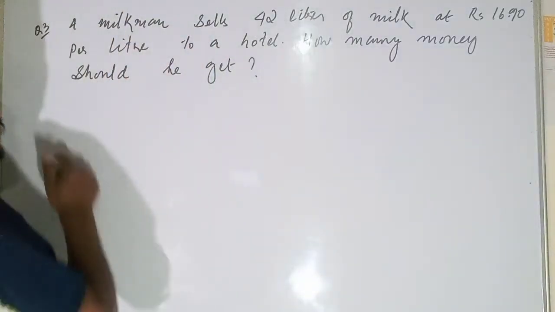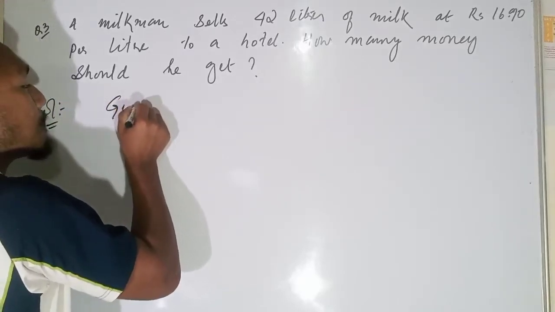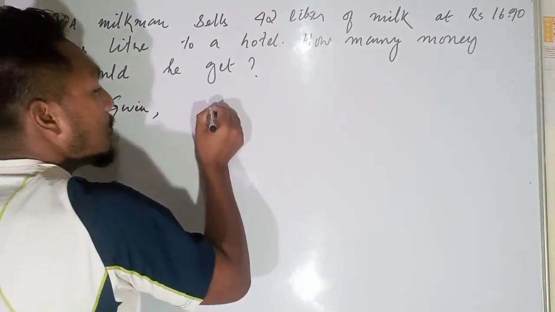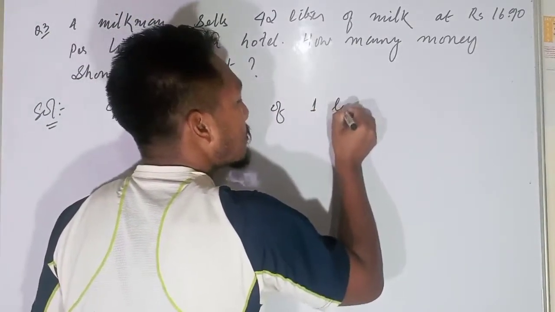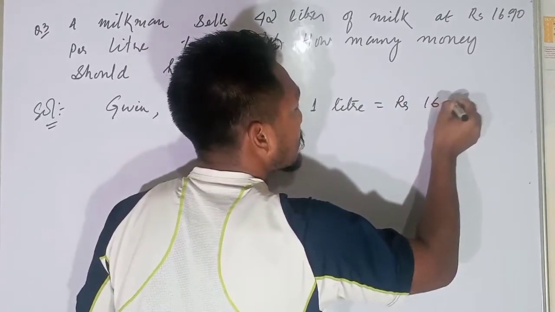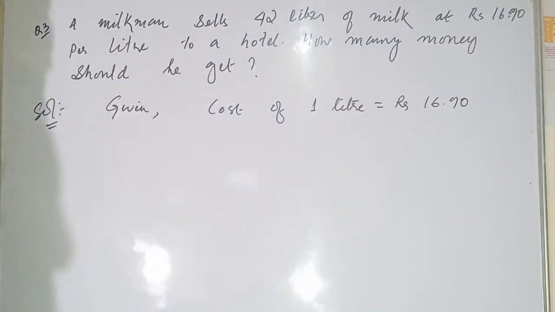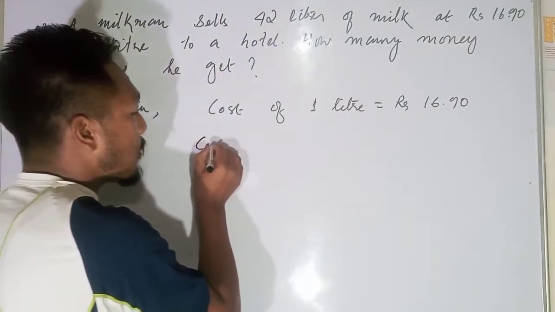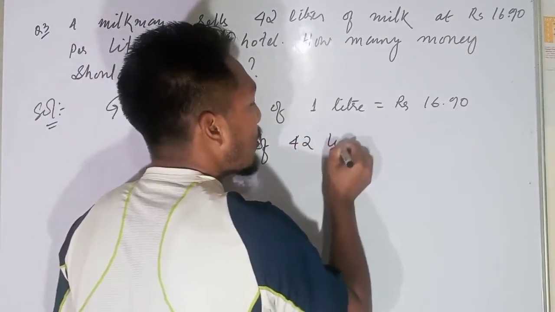So here's the solution. Given: cost of 1 liter is rupees 16.90. Then 42 liters are being sold to the hotels.